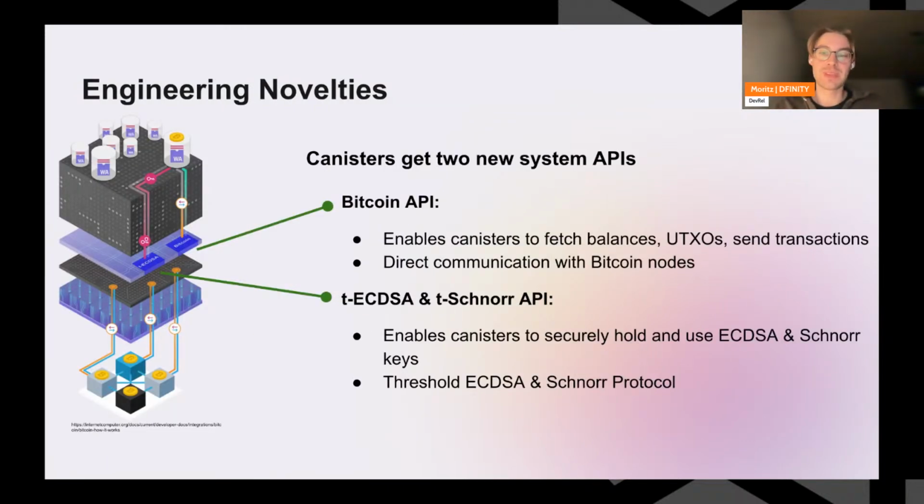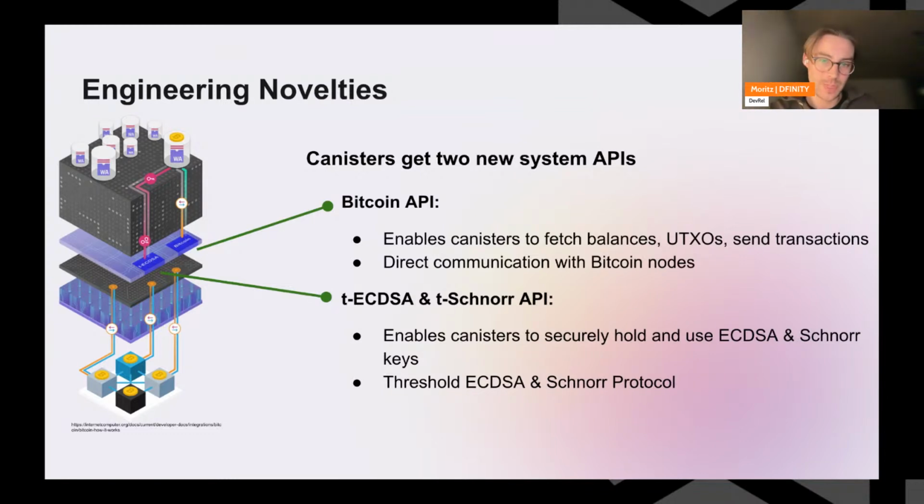With that out of the way, let's focus on the two building blocks that I mentioned earlier that are needed to enable chain fusion. So a way of reading and writing from or to Bitcoin, and in general, from a chain, and also signing a transaction. So for reading and writing, we have the so-called Bitcoin API, and that is enabled by a protocol level integration of the Internet Computer with the Bitcoin network.